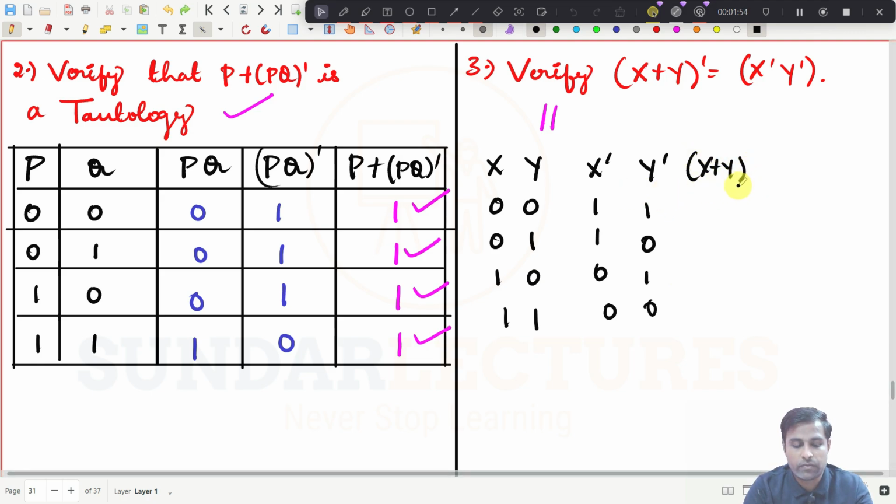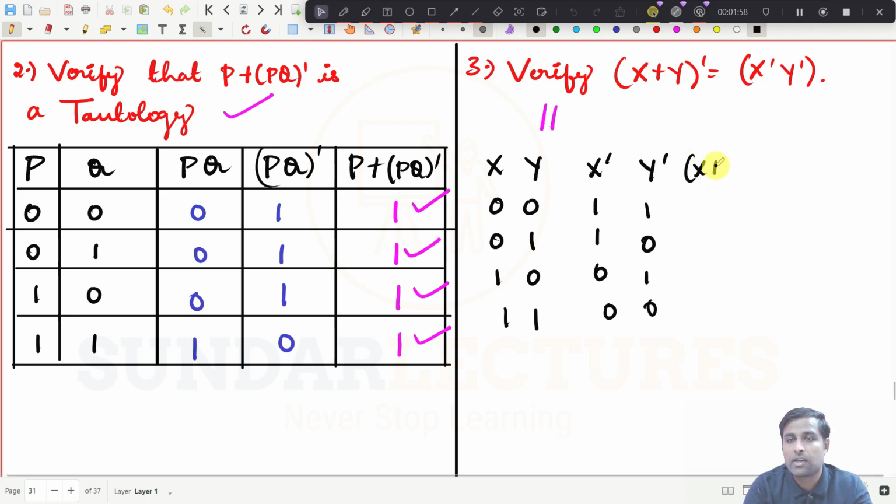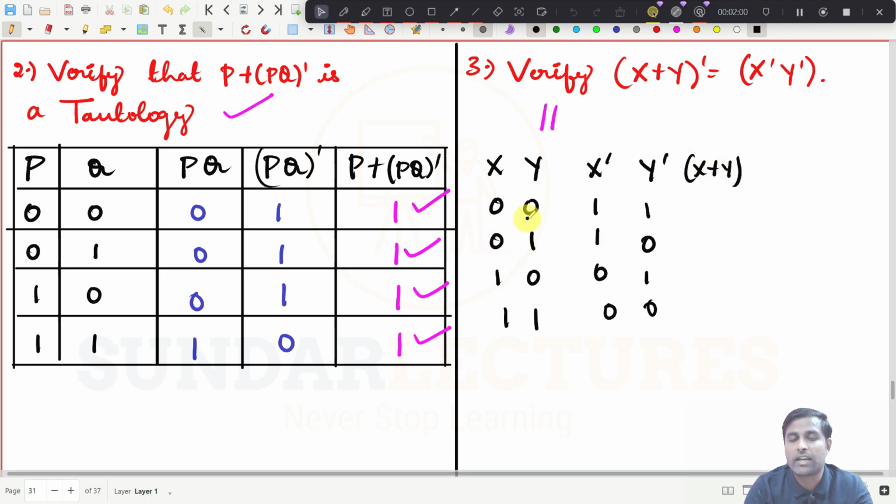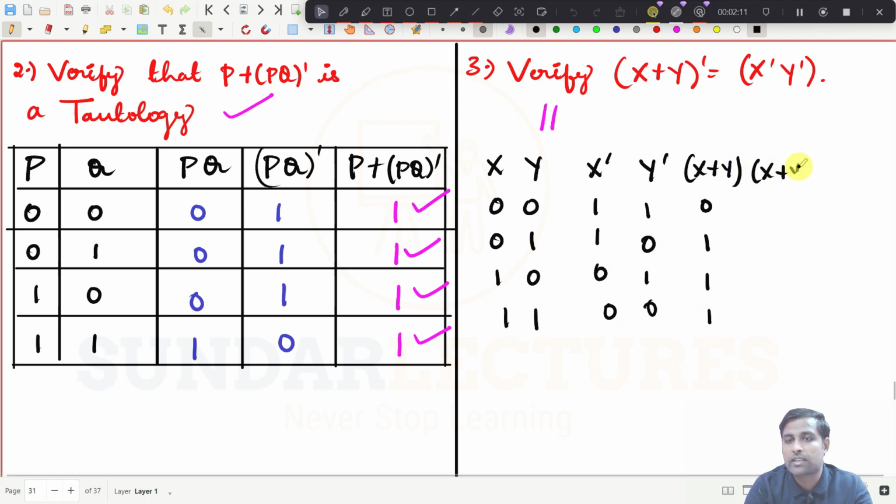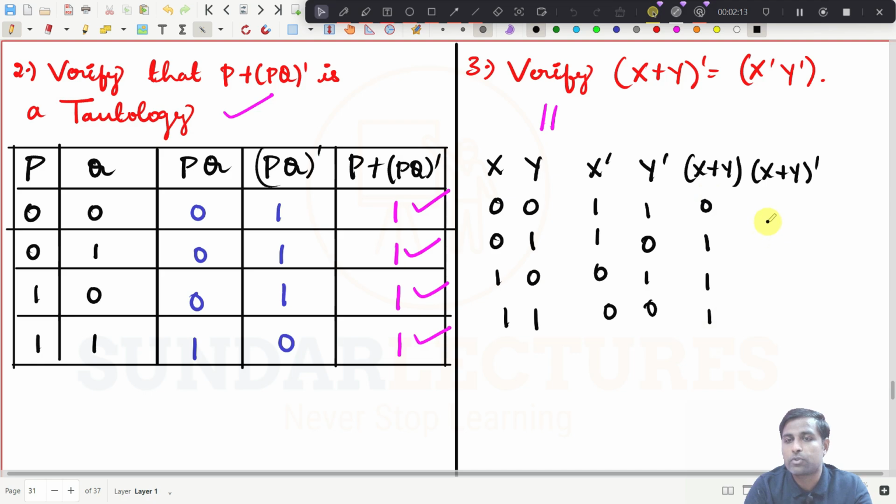So for that you need to find what is x plus y, right? You can see this is 0, this is 1, if you add these two it will be 1, if you add these two this will also be 1, and then you need to find (x plus y) the whole dash, the opposite of this, the complement: 1 0 0 and then also 0.